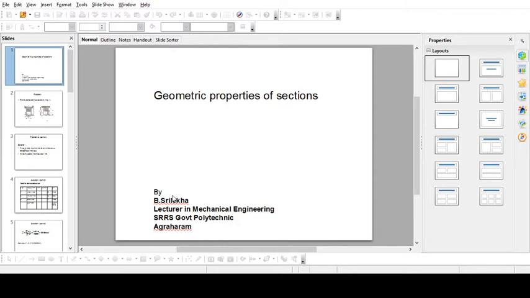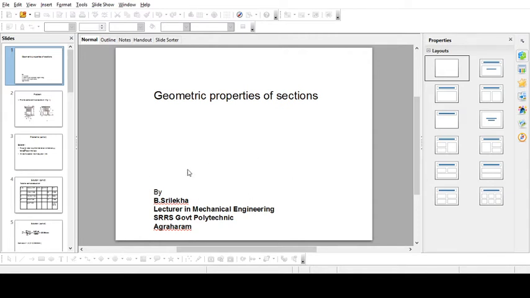So from the base, the centroid of the first figure is simply, if I take a line along the base, 20. So y1 is equal to 20 because it is 40, and we know that for a rectangle it is simply b by 2 and h by 2. So it is h by 2, 40 by 2, which is nothing but 20.